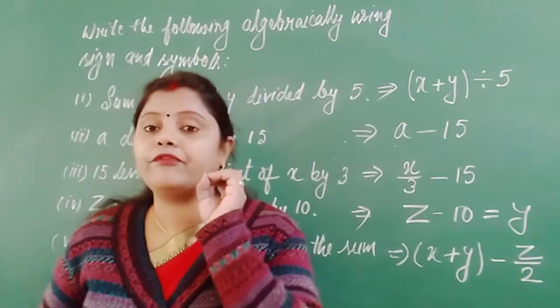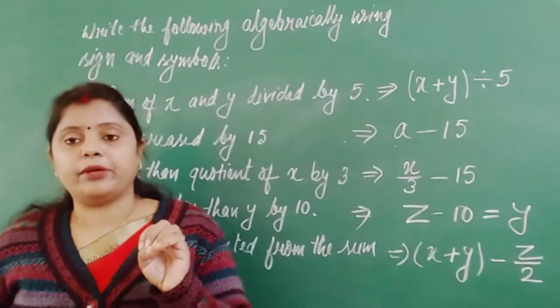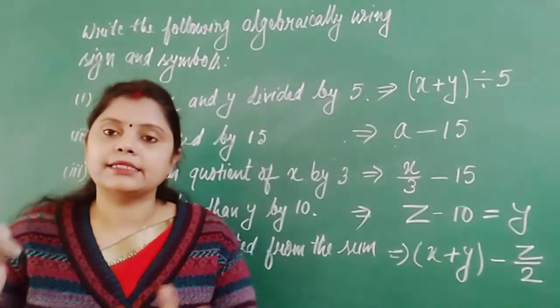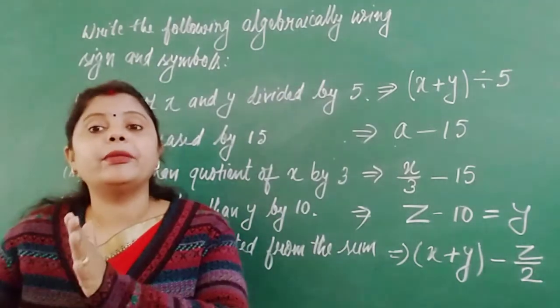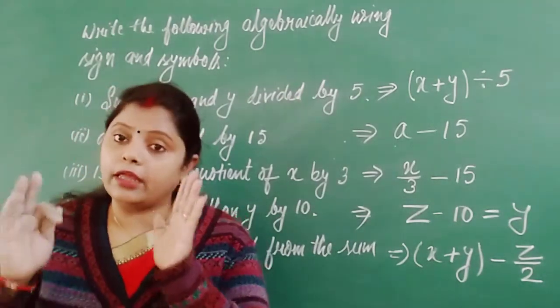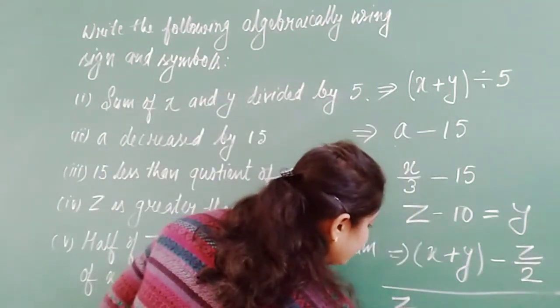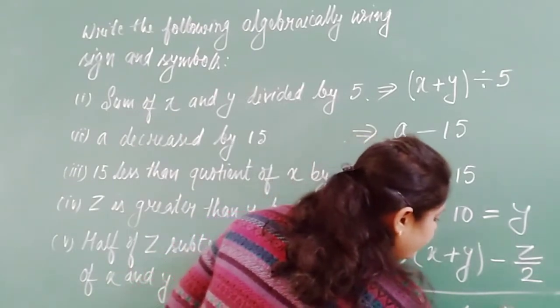So we have to be very careful about the statement. If somebody writes z by 2 minus x plus y, that will be completely wrong. Suppose I write it like this, z by 2 minus x plus y.